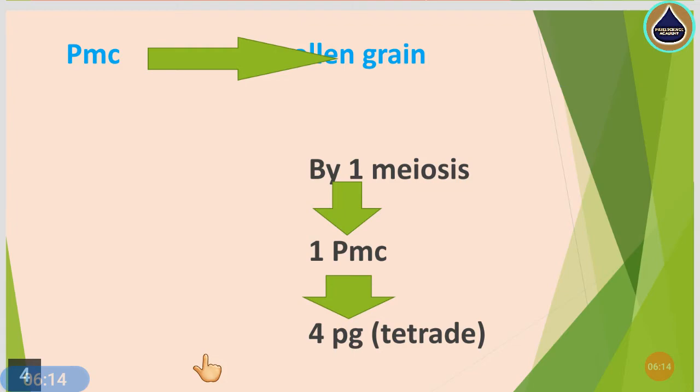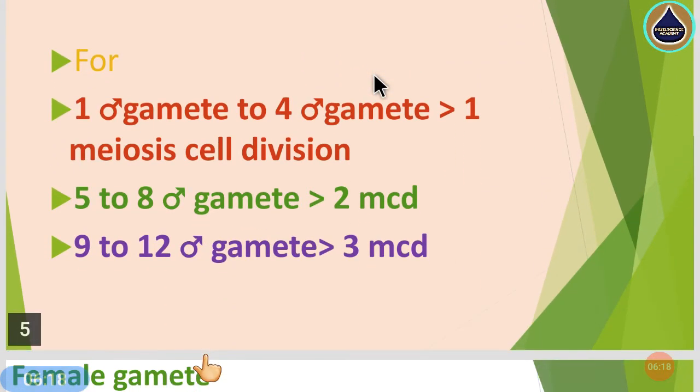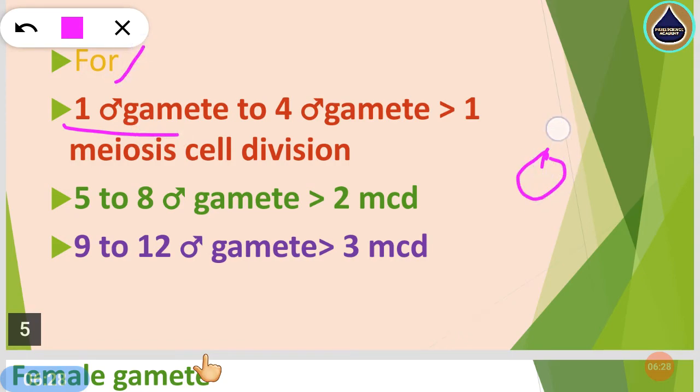So it is now clear that one male gamete, this is the sign of maleness, is indicated by this sign. Male is indicated by this sign in the science faculty.